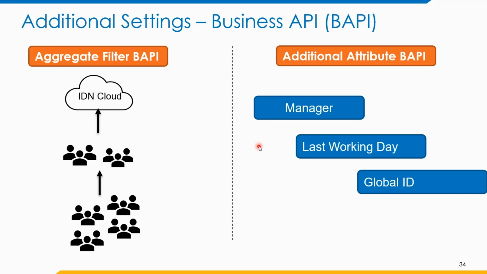So we can have BAPIs implemented in the SAP HR system and call those directly, and the additional attributes that we specify in the BAPI need to be manually entered in the account schema of the SAP source.